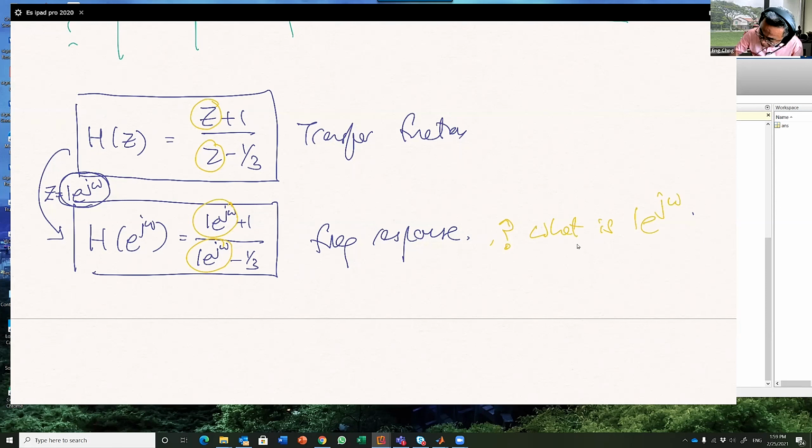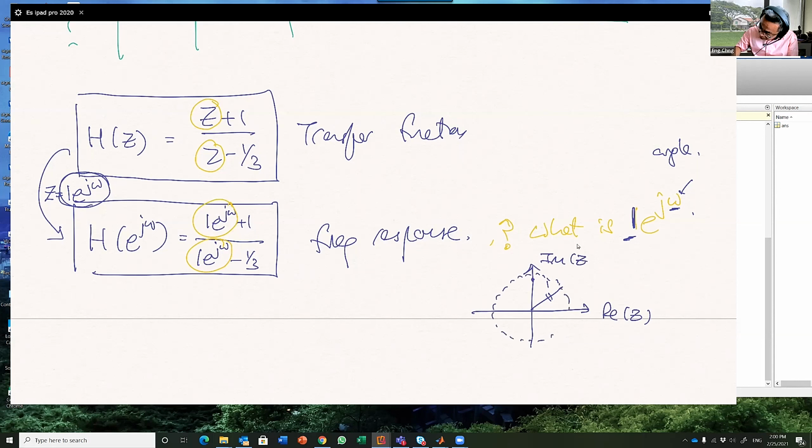Let's interpret it: the absolute value is 1, and ω is the angle. This is 1, this is the real part of z, this is the imaginary part of z, and if I draw the unit circle again, any point on this unit circle is e^jω.